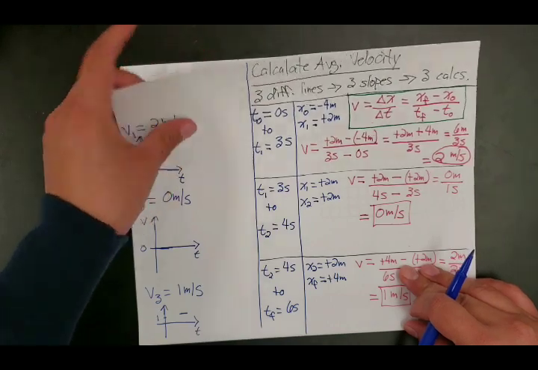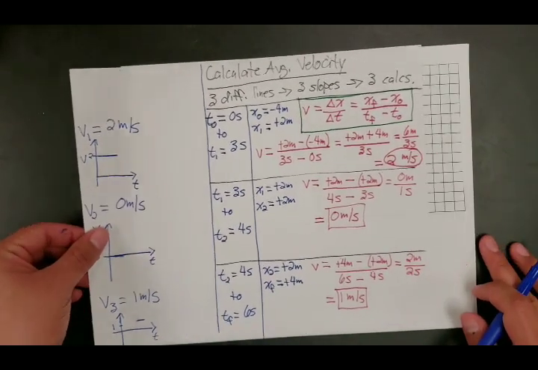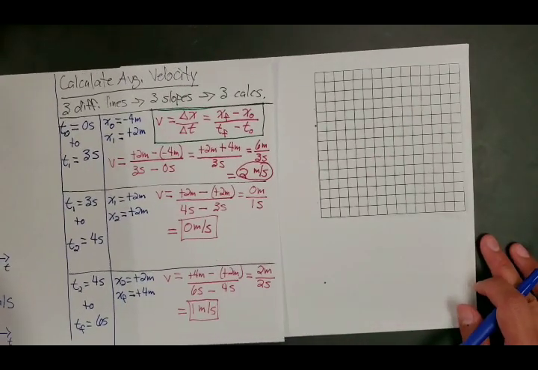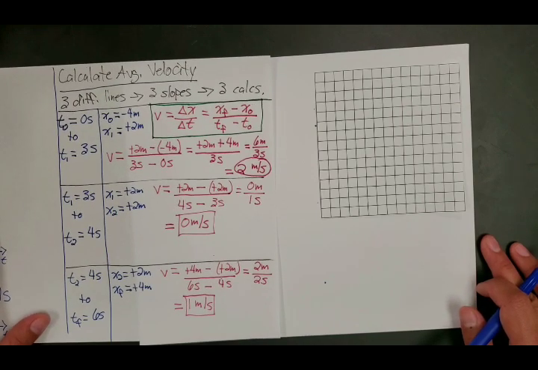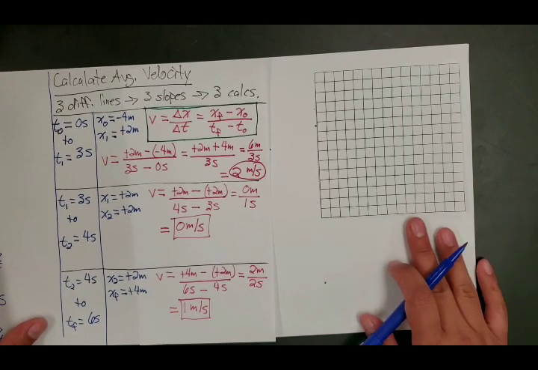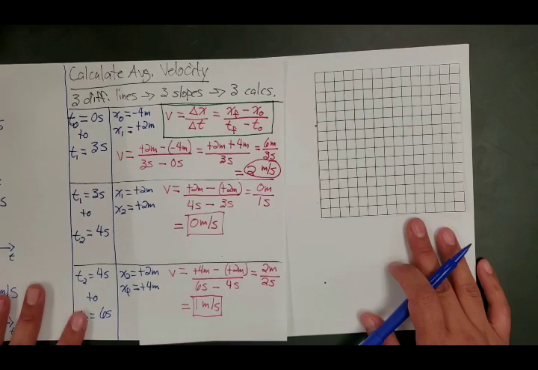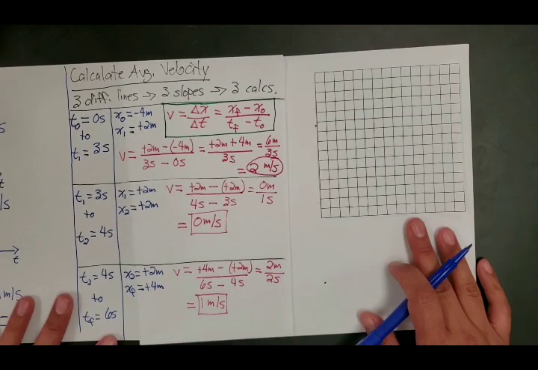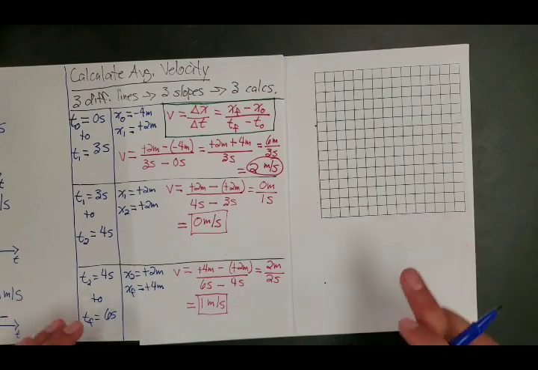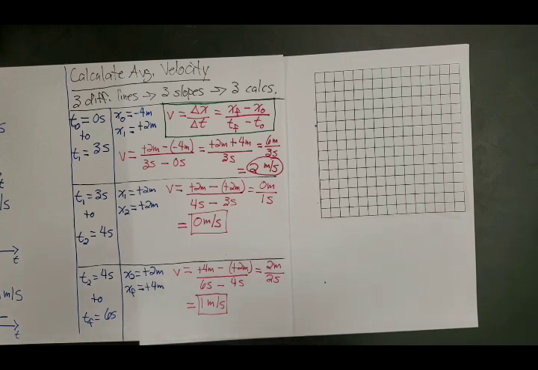Okay, so let's go ahead and move this over right here. Now, whenever we're plotting these lines, we can do one of two different methods, which I'll come back to here in a second. But let's go ahead and set up our axes. So remember that in our position versus time plot, the first step that we took was to draw and label our axes.